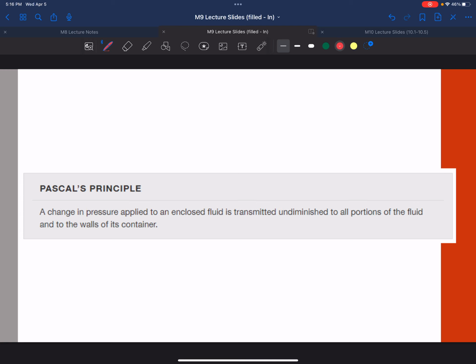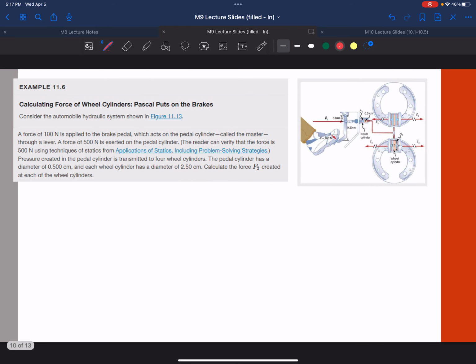This principle tells us that a change in pressure which is applied to an enclosed fluid, meaning one contained in something, a valve, a pipe, just a regular container, any change in pressure that's applied to that fluid will be transmitted undiminished to all portions of the fluid and to the walls of the container. So that pressure will be applied to all parts of that fluid and of the container.